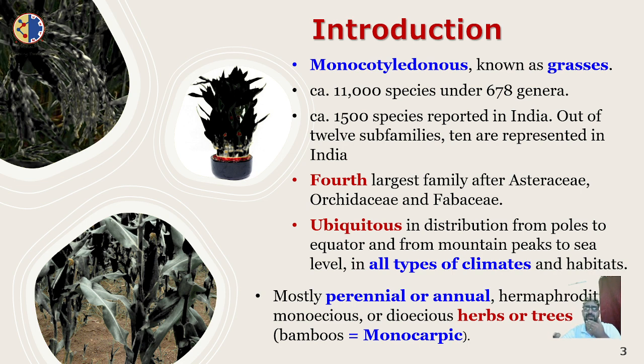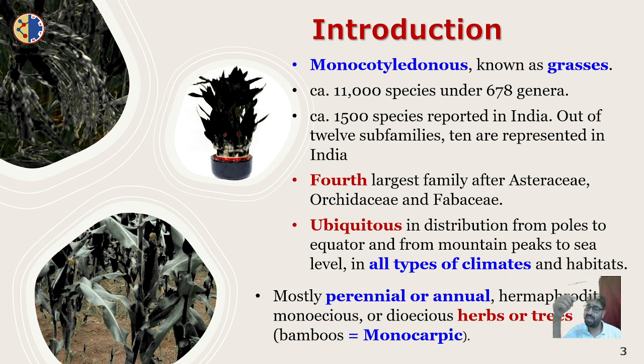In this family we have around 11,000 species under 678 genera which are found throughout the globe. In India, there are about 1500 reported species. There are a total of 12 subfamilies. Out of these 12 subfamilies, 10 subfamilies are reported from India.